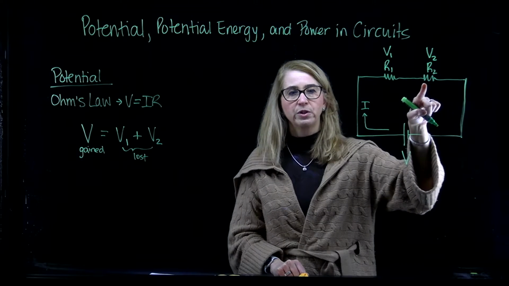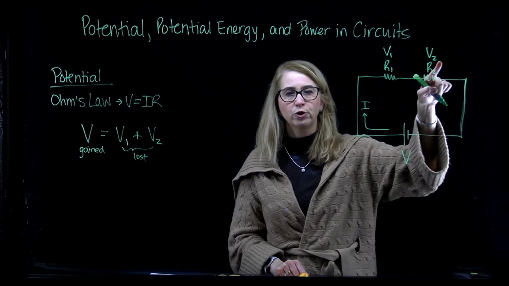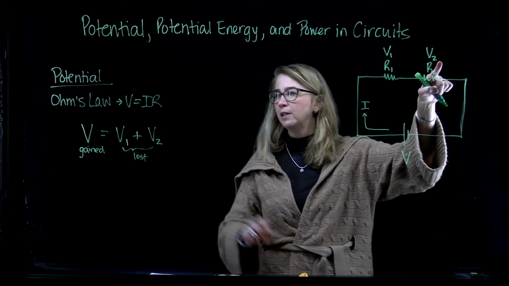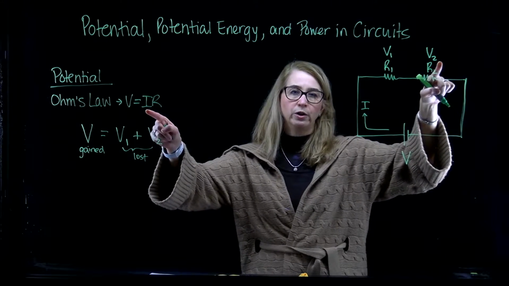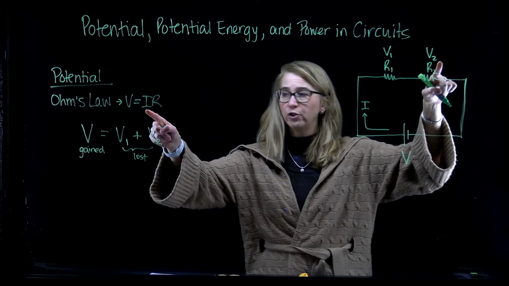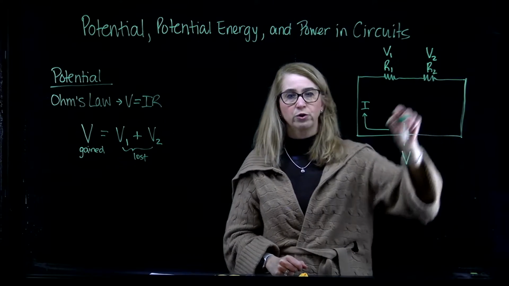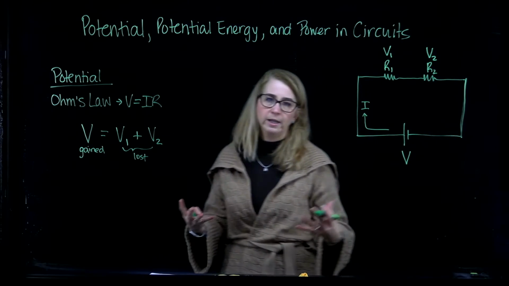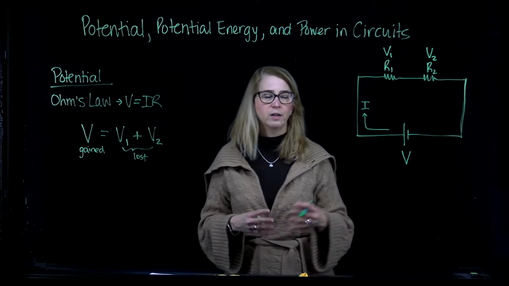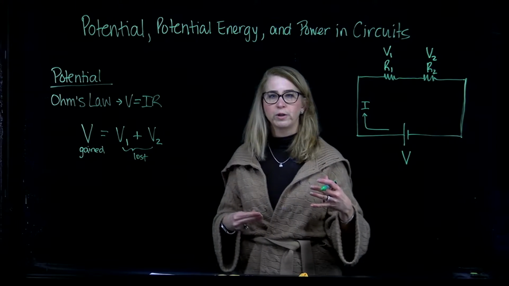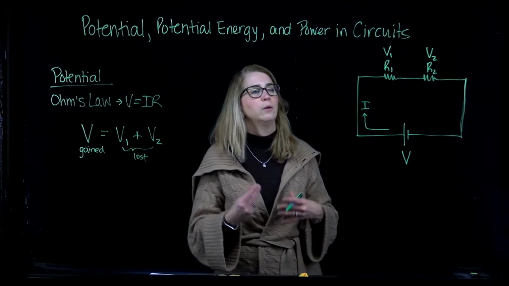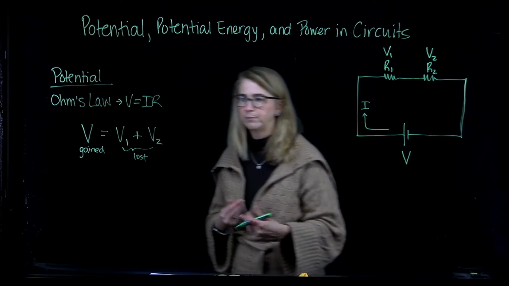And then I'll go through resistor 2, lose potential V2, as we named it, which again would be equal to the current in the circuit, which is not changing, times the resistance of resistor 2. In the end, we have gained some potential as we go through the circuit, and we are also going to lose it.